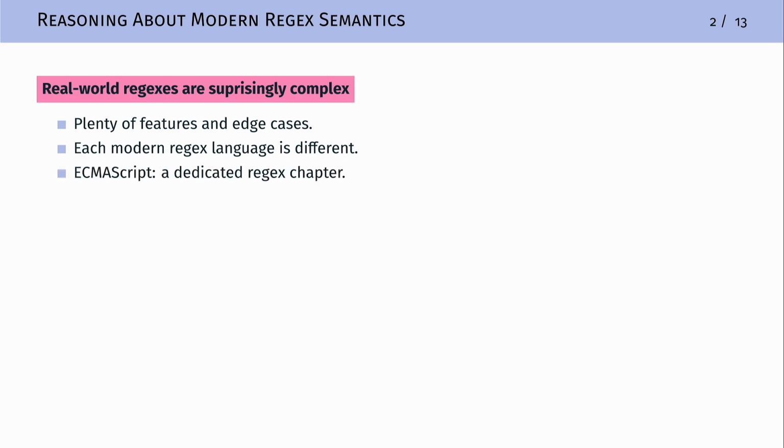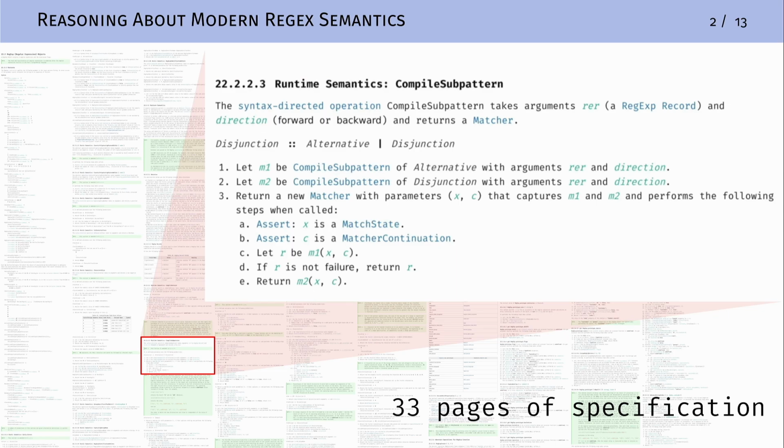If we take a look specifically at JavaScript, there is an official standard telling you how to execute any JavaScript program, and this is called ECMAScript. And this standard contains a full dedicated chapter to JavaScript regexes. So we have a huge dedicated regex chapter, and it's more than 33 pages of specification describing with pseudocode and English how to execute a JavaScript regex with a backtracking algorithm.